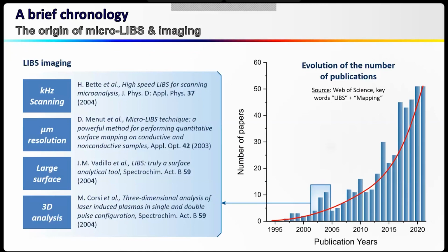And basically, shortly after the first mapping papers, some groups well known in the LIBS community made some demonstrations: kilohertz laser from the Fraunhofer Institutes, micrometer resolution from the CEA in Paris, large surface in Spain, 3D analysis in Italy, and so on.